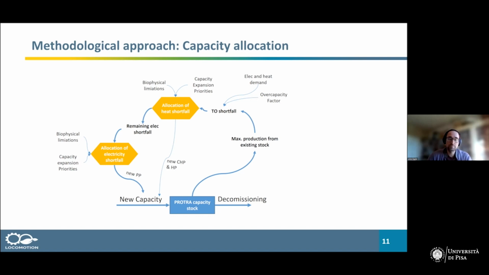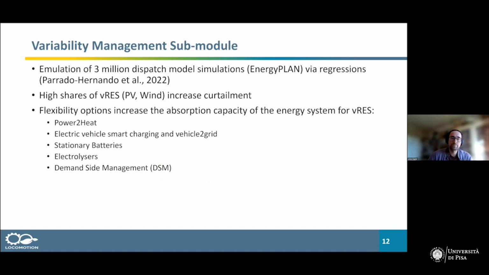So let me run you very briefly through the third focus submodule that I want to go into detail, which is the variability management submodule, as I already said. The reason for this is to model the sub-annual timescale effect on annual energy balances with reasonable computational cost.